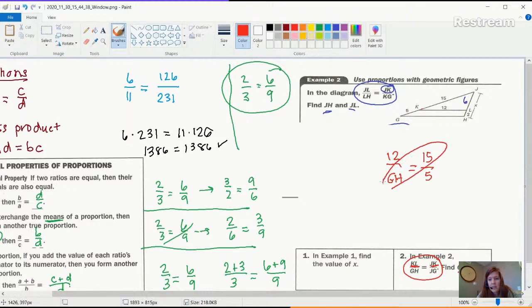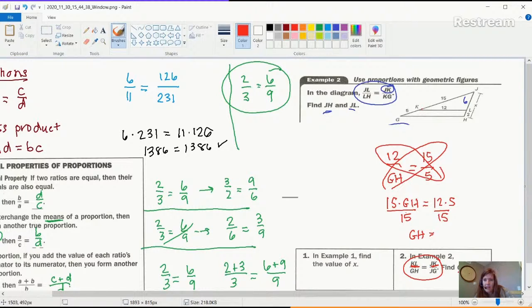So cross multiply, and you get 15 times GH equals 12 times 5. Divide both sides by 15. And yeah, I think I did that right. You should end up with, nope, hold on, I did something wrong.